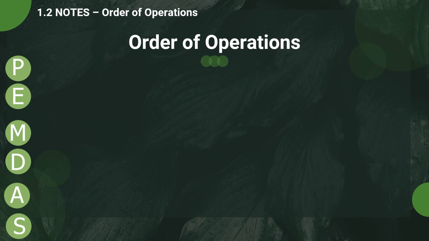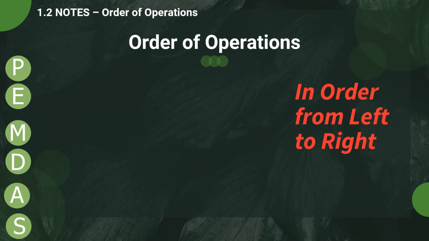It starts out with the parentheses. And all of these are in order from left to right. So that's very important for you to remember, is that everything is in order from left to right. So the parentheses can be seen as, sometimes you will see it with parentheses, brackets, and also absolute value.